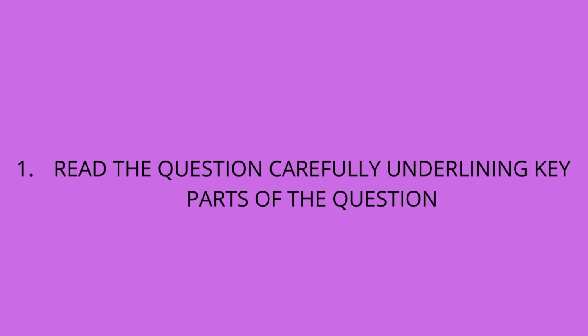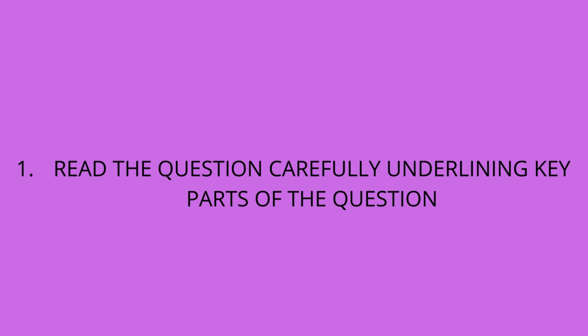Now, you need to recognize that there are some things you need to take into consideration to be able to perform excellently in this aspect of English. The first thing you must do is to read the question carefully, underlining key parts of the question. Very important. Normally two paragraphs are given.